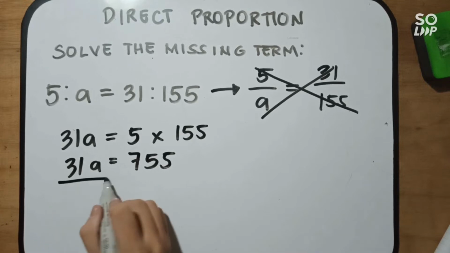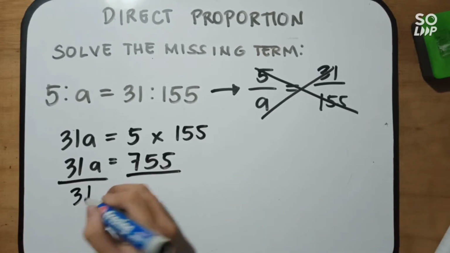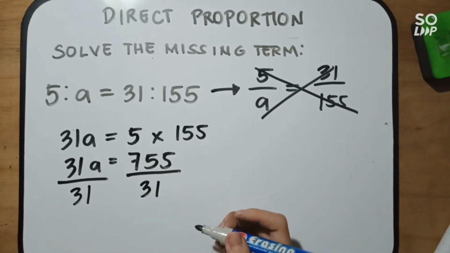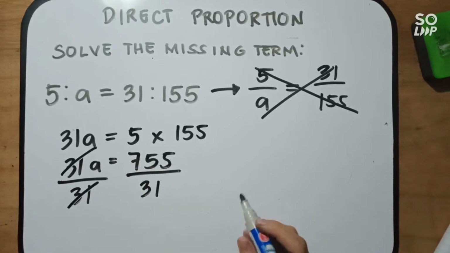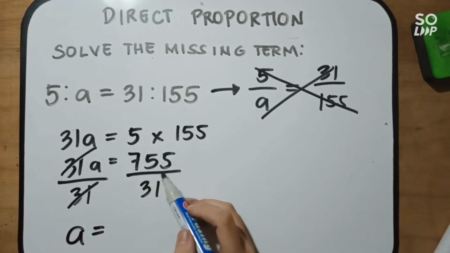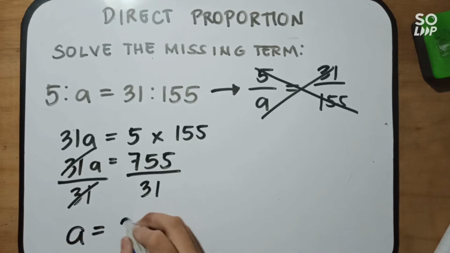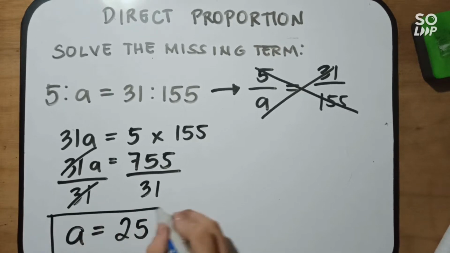Then we divide both sides by 31 to determine the value of A. Cancel 31. A equals 775 divided by 31, which equals 25. Therefore, the missing term A is 25.